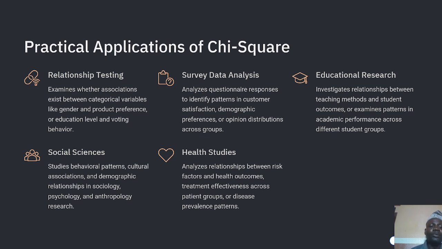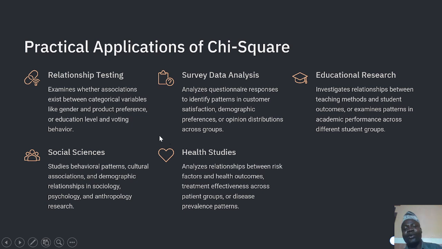So like I have said, chi-square is applicable to relationship testing between categorical variables, such as gender, product preferences, educational level. We have all of those. We also equally have surveys.